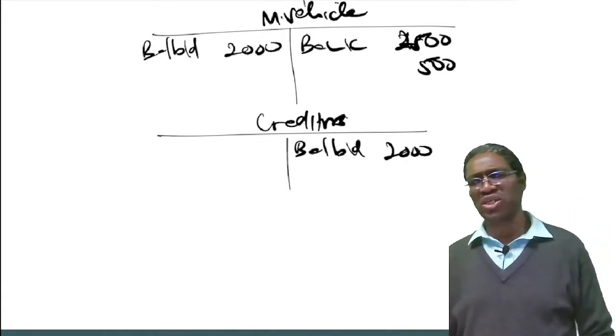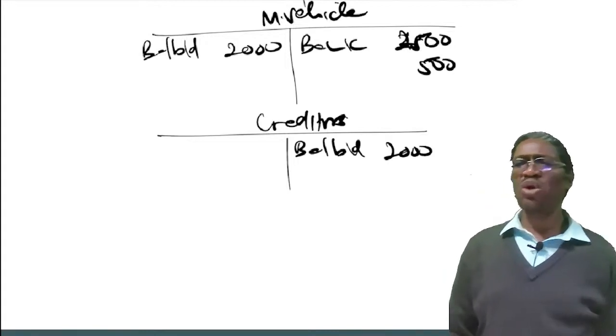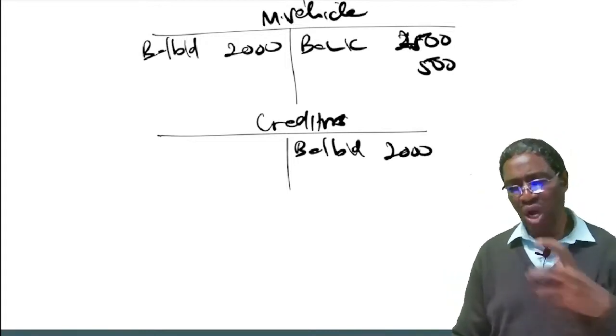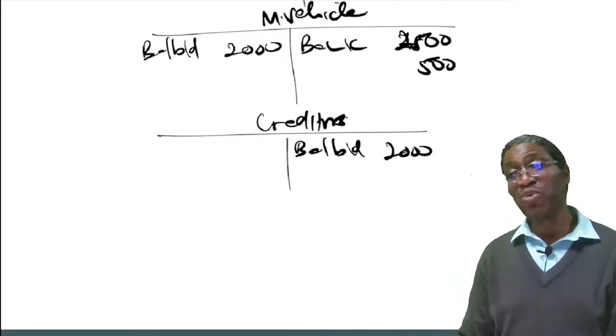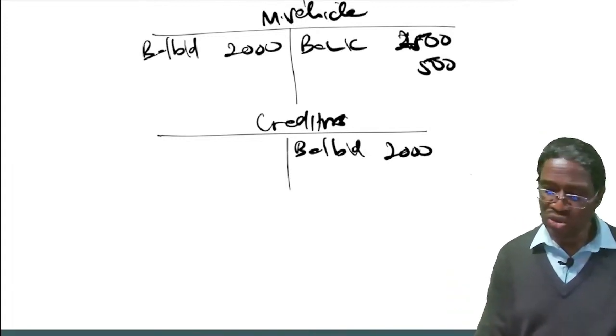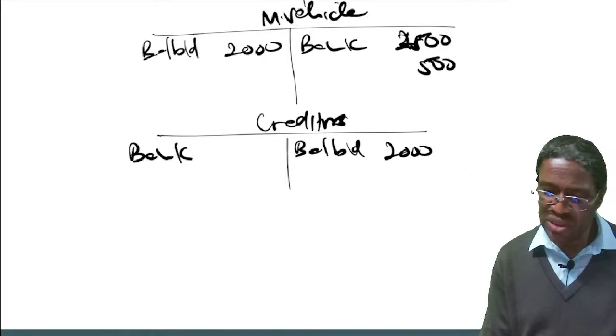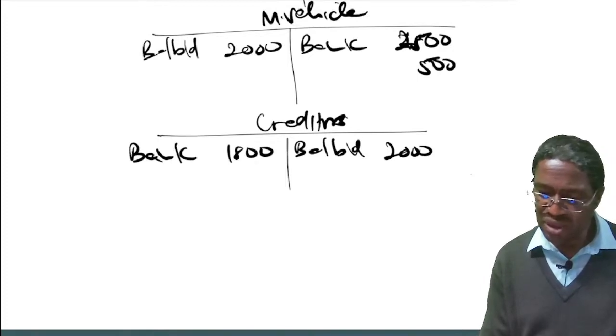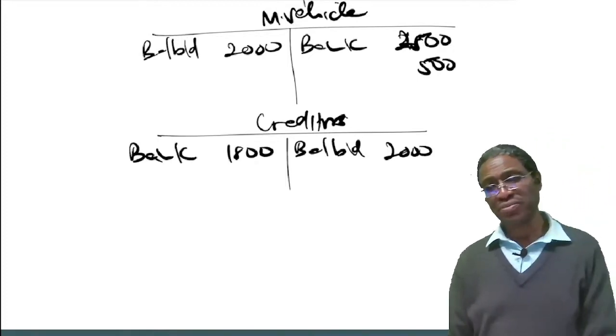Suppose the question tells you the creditors were willing to accept 1.8 million in full settlement. So you must have debited creditors and credited bank, maybe by 1.8 million.